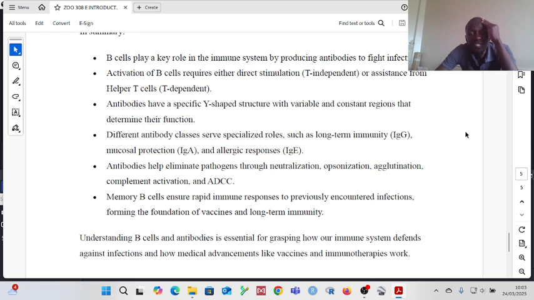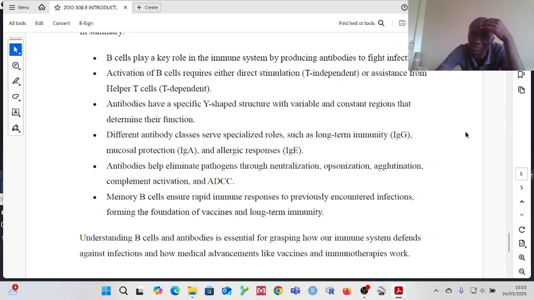The antibodies work by eliminating pathogens, either through neutralization, where to neutralize is to block the pathogen from entering a cell. Opsonization, which is marking the pathogen for destruction. Then agglutination is binding the pathogens together.